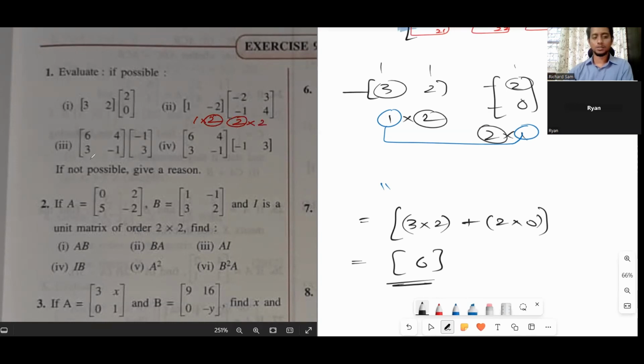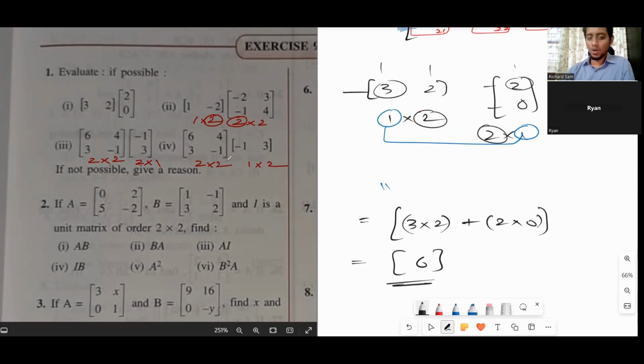Next. 2 by 2 and 2 by 1. Possible? Yes. Next. 2 by 2 and 1 by 2. Can we multiply? No. Right. So only this fourth one is not possible.